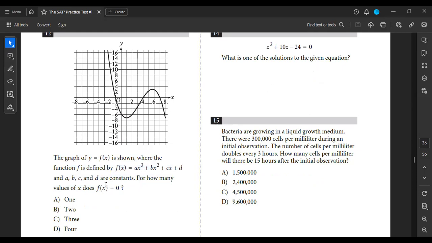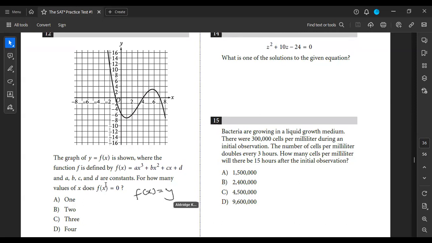Remember, when you're doing functions, I'm sure you guys have seen this. There's a thing that f of x is equal to y.